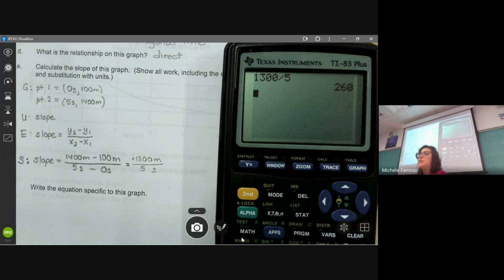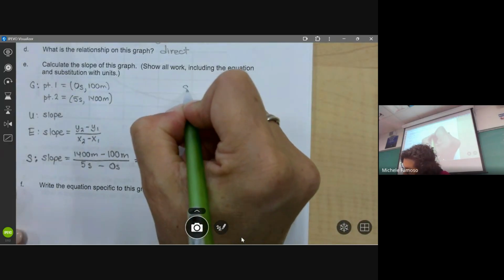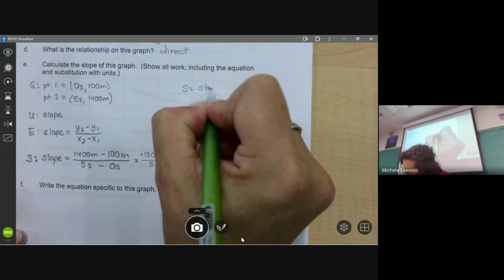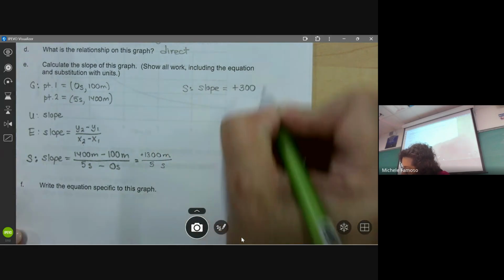If I round that to one significant figure, what do I get? Round it to one sig fig, what is it? 300, positive 300. So our final answer for the slope is positive 300 m over s.